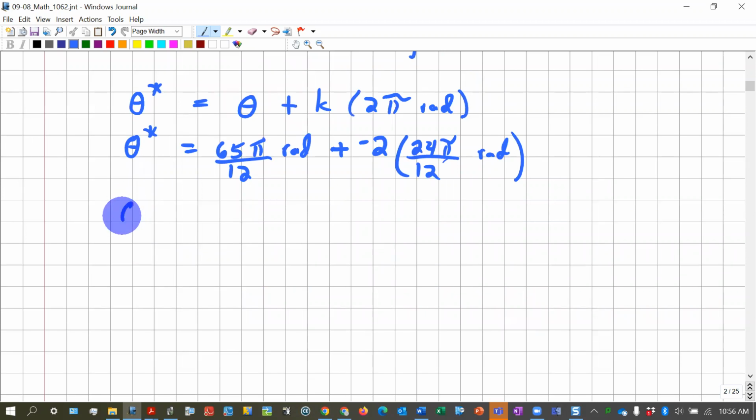So in other words, we're adding negative 2 groups of 24 pi radians.